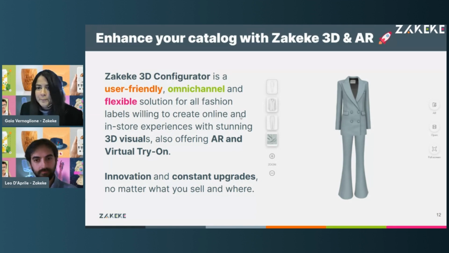So for example, we work very well with fashion and luxury. We work with apparel, all types of materials, all types of textures, all types of configuration and options. The way that Zakeke adapts to each chain of production is extremely user friendly, flexible, and as I said before, it's omni-channel.